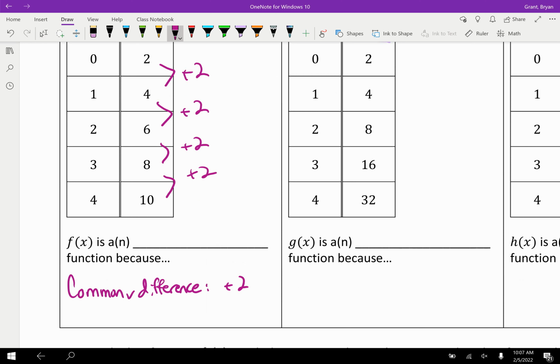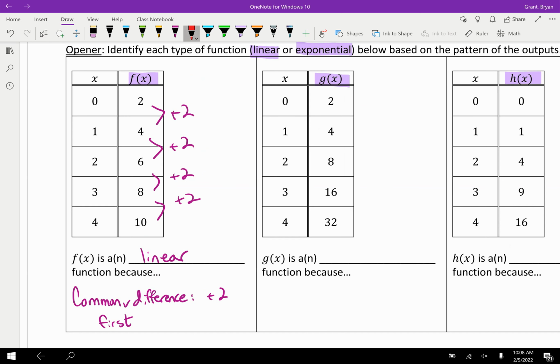Actually, later today we're going to talk about how this is known as a common first difference. But we don't really know what a first difference is at this point, so for now we can just think common difference. We should also remember that if you are adding or subtracting commonly between each number, this is a linear function. Linear functions, of course, make a line.